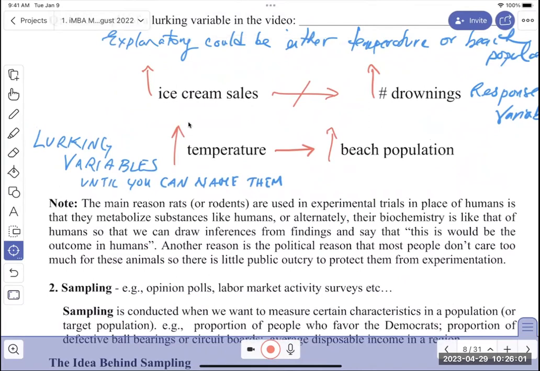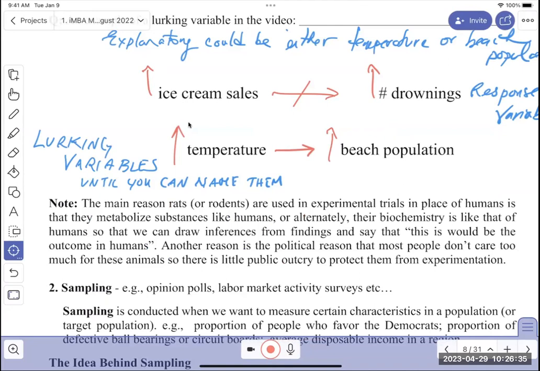So here's another example. You know a lot about how they use rodents in experiments, right? So they'll use rats, mice, guinea pigs. One reason I think, and honestly, this is just logic for me, not that I read it anywhere, is that they use those animals because most people don't have an affinity to those animals.